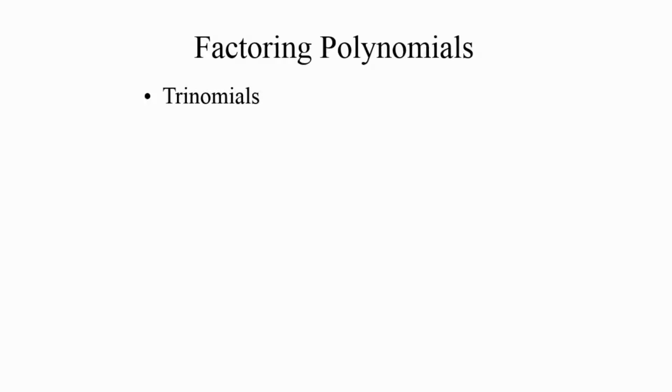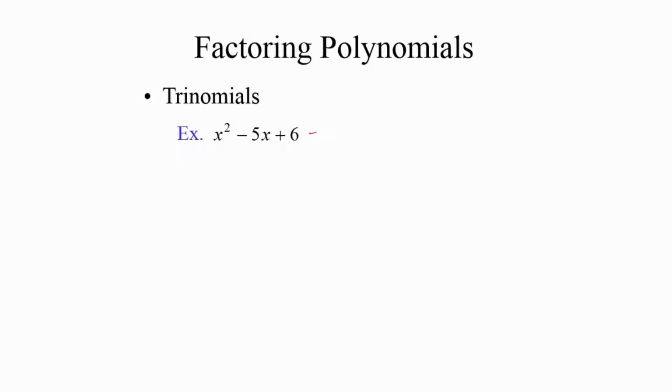Trinomial. How to factor trinomial? First, what is a trinomial? It's an algebraic expression. You have x squared, you have x, and you have a constant. Now with the trinomial, a lot of times you have to do trial and error and see which one would fit. So here you have x squared minus 5x plus 6.